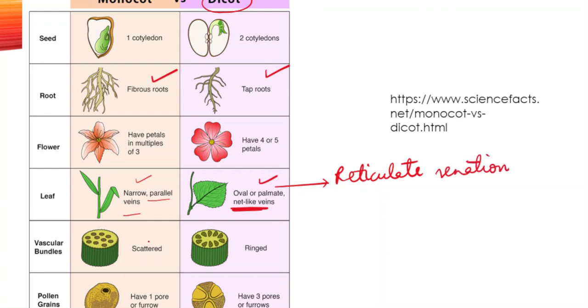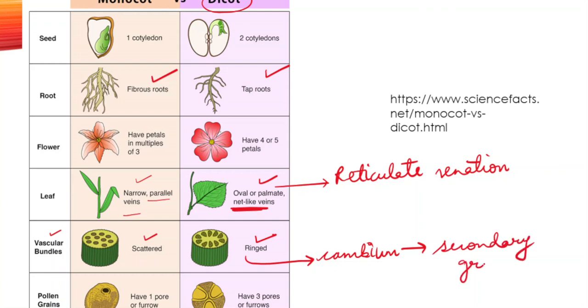You can see that the vascular bundles are scattered in monocots. Here in dicots they are ringed. And dicots have cambium for secondary growth, which is not there in the monocots. Here they have 3 pores or furrows.